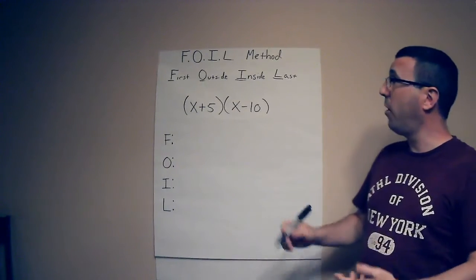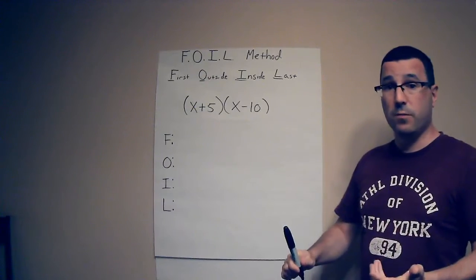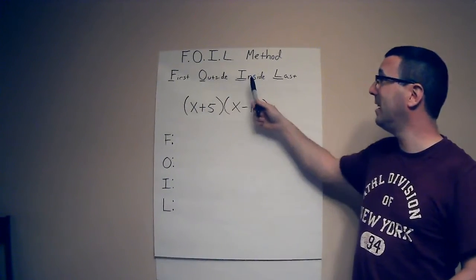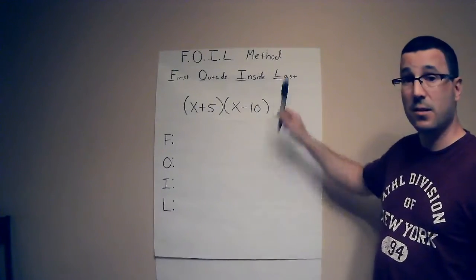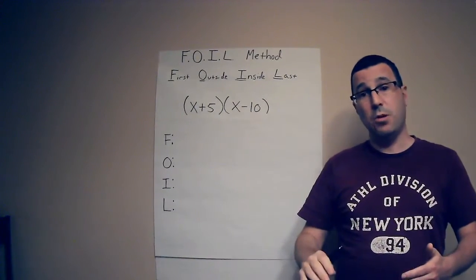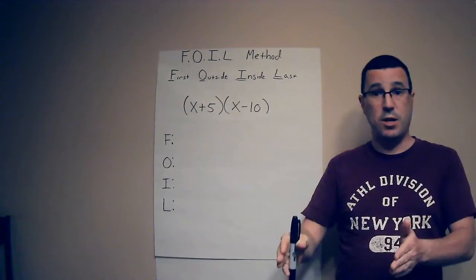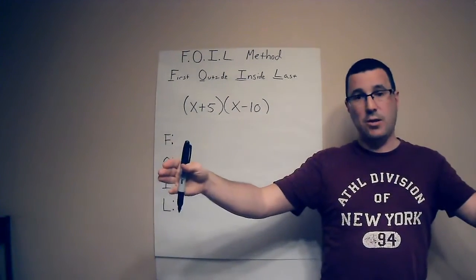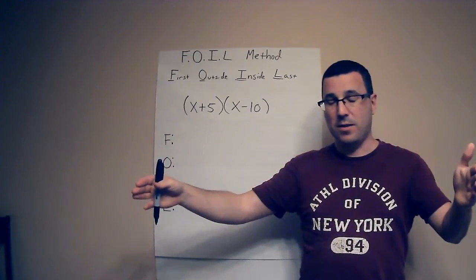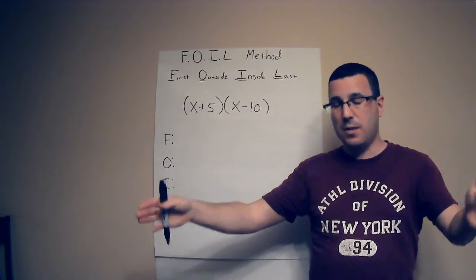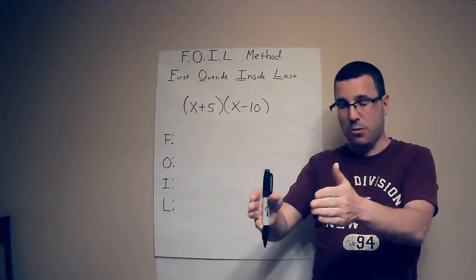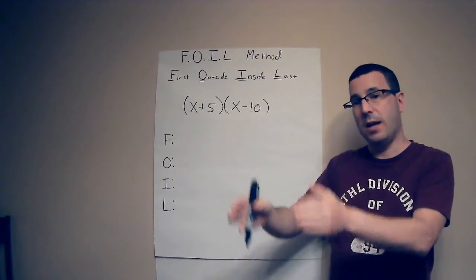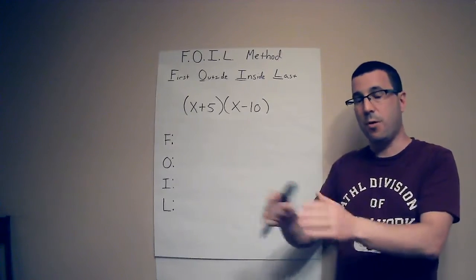In the FOIL method, first off, FOIL stands for first, outside, inside, last. Because what you're doing is you're multiplying the first term in each parentheses, then you're multiplying the outside terms looking at the parentheses, then you're doing the inside terms when you're looking left to right of the two parentheses, and then you're multiplying the last term from both parentheses.